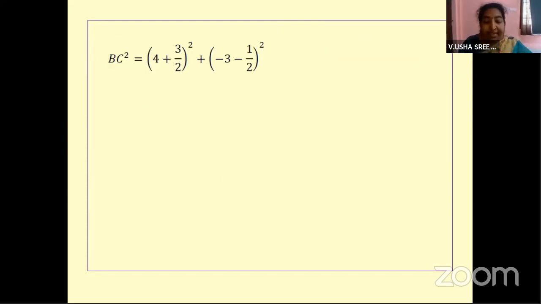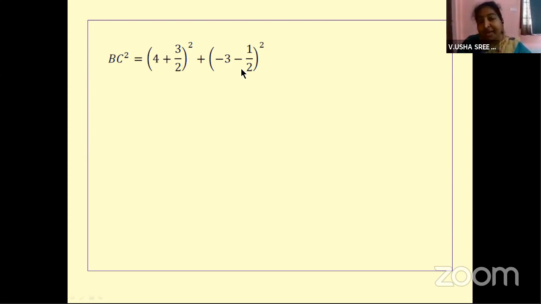Likewise, we will calculate what is BC square. BC square is (4 + 3/2) whole square plus (-3 - 1/2) whole square. Now, just look at this. If you take LCM and simplify, the first bracket becomes (8 + 3)/2, which is (11/2) whole square.